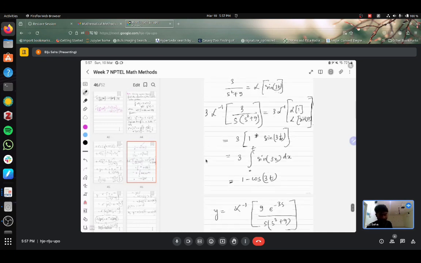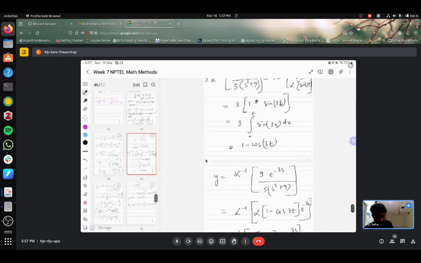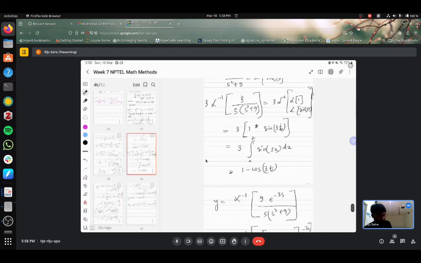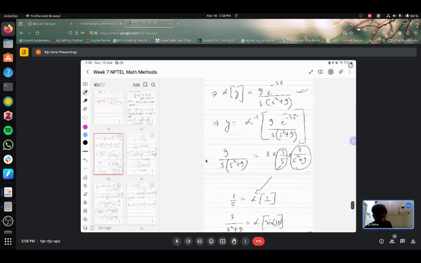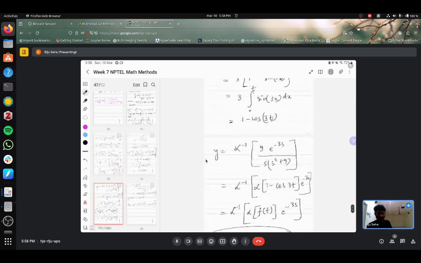So you got to know the inverse Laplace transform of this part is this, but there is also an exponential involved. So let's write it: we know this particular sub part is the inverse Laplace transform of this. We wrote that L of 1 minus cos 3t is given by this.